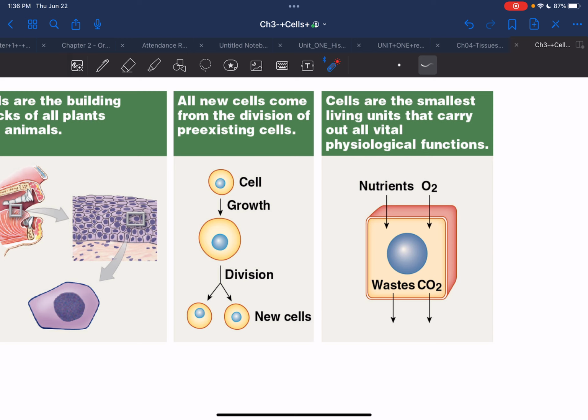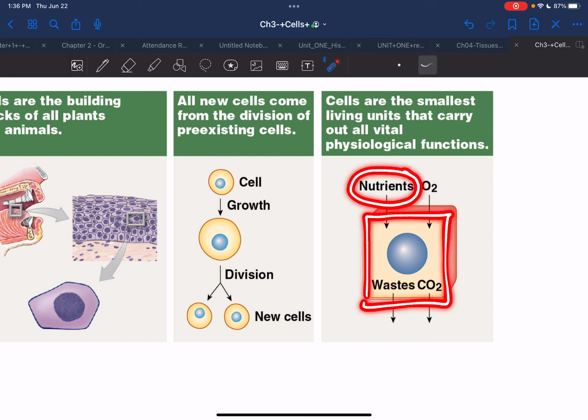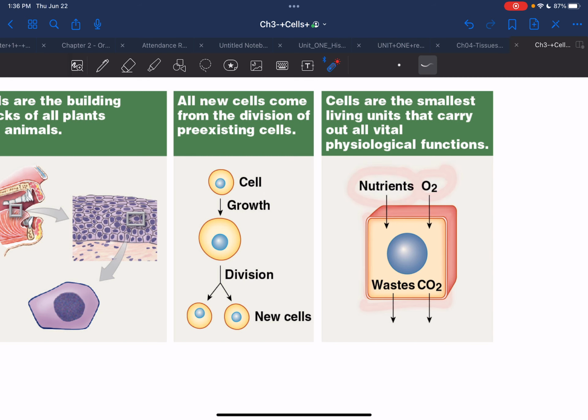And then, as we all know, they carry metabolic functions. And so this is just a rough drawing of a cell. They take in nutrients from our digestive tract. They take in gases from our respiratory tract. And together, they carry out their own metabolism to carry out reactions that either break or form things. And then eventually, they all produce a little waste.